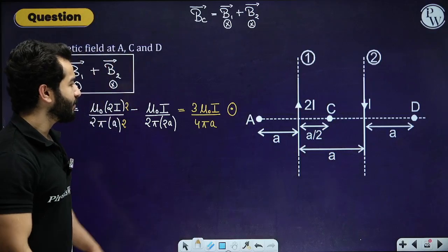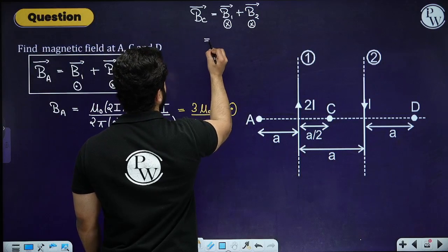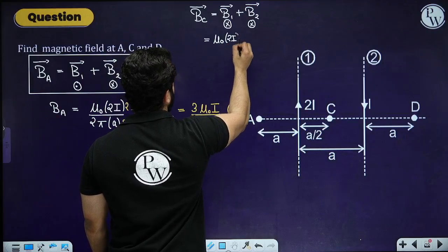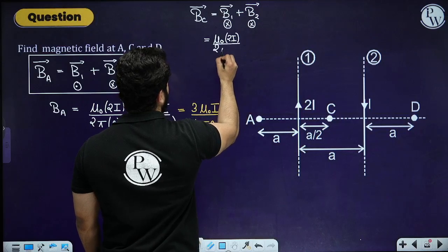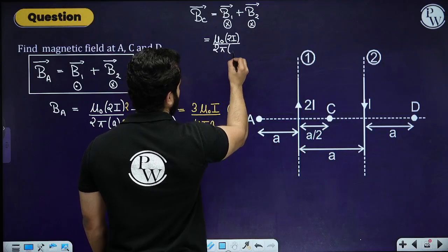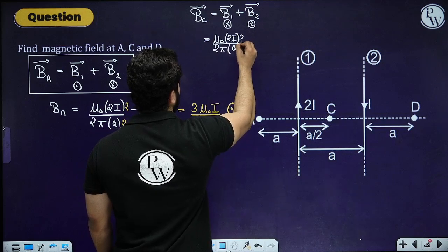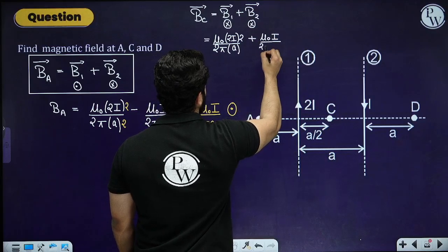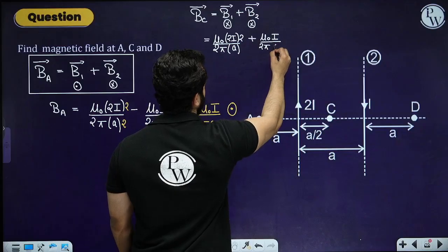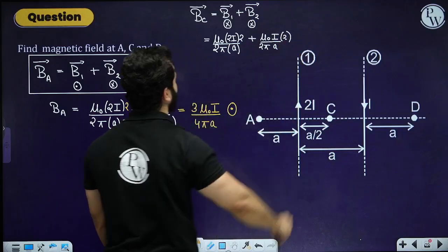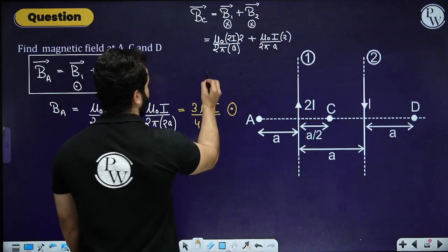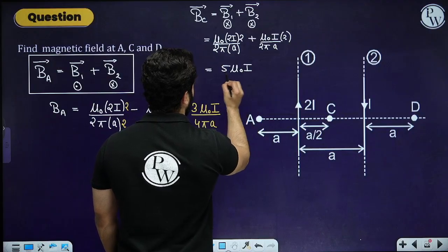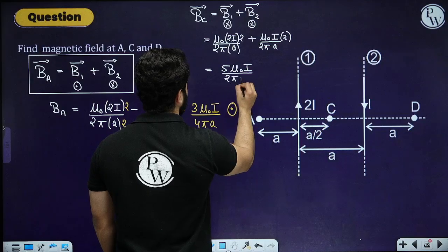This will become mu naught 2I divided by 2 pi into D. So D is actually A by 2, plus mu naught I upon 2 pi. This is also going to be A by 2, right? So this will become actually 5 mu naught I upon 2 pi A.